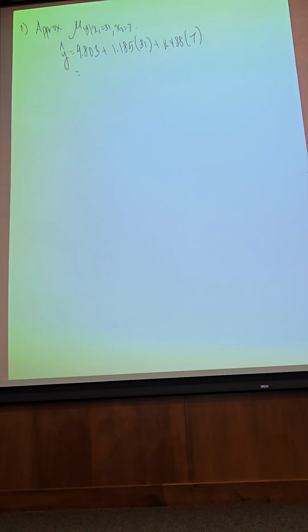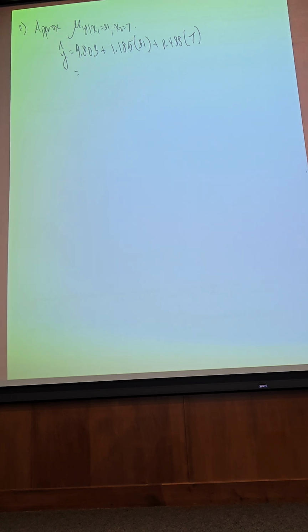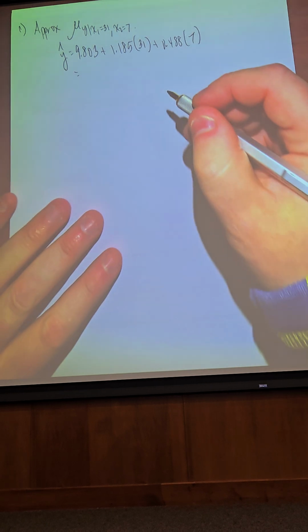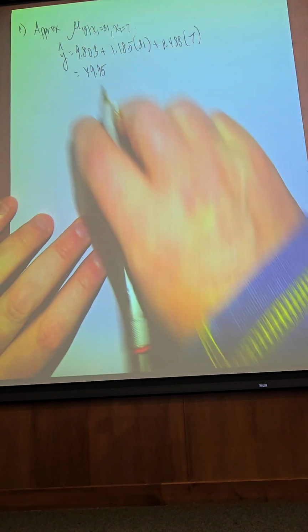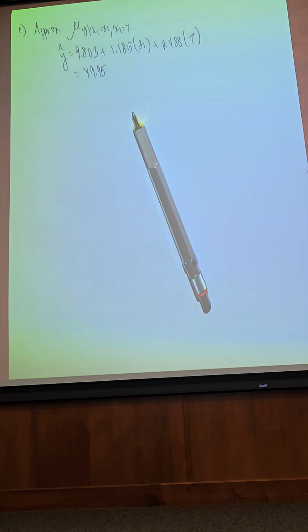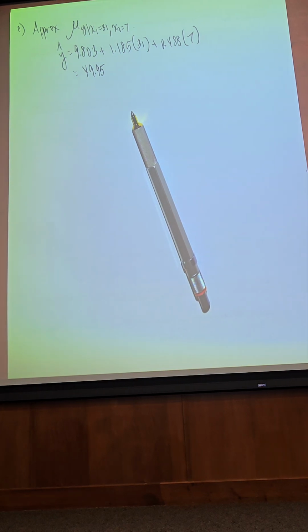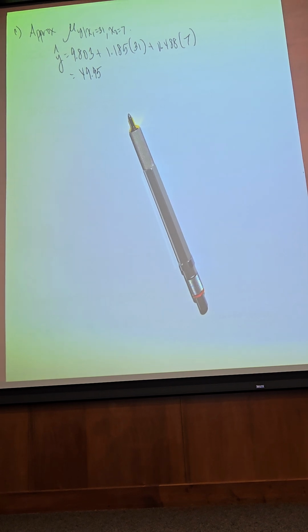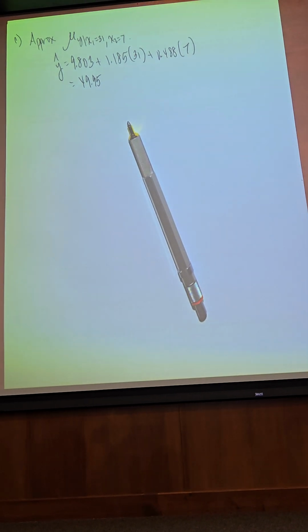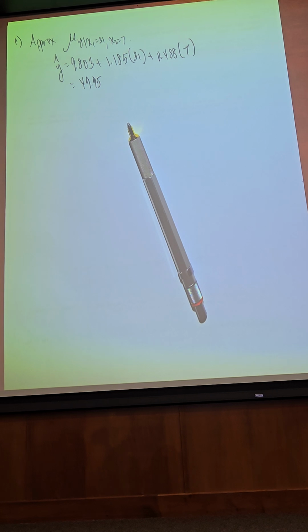That's all you do. And if you punch that in, what that gives you is 49.95. That's my best guess at the mean systolic blood pressure for 31-week-old infants with an APGAR 5 score of 7. Okay, that's all there is to it. Make sense, you guys?